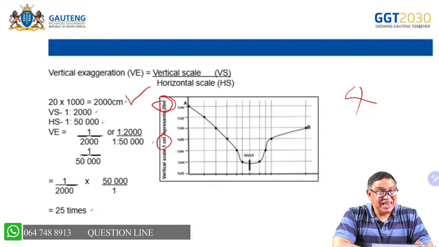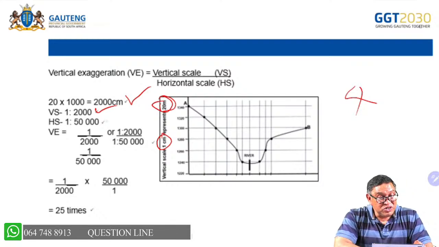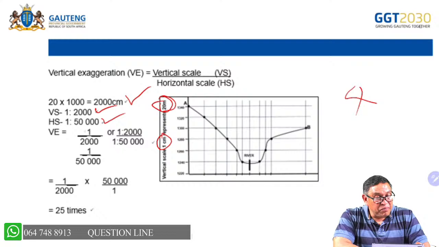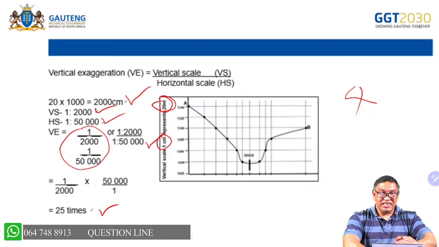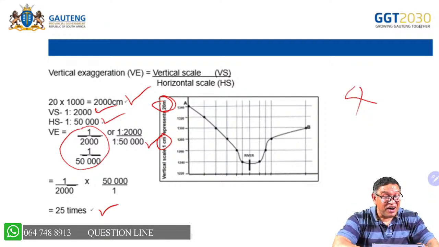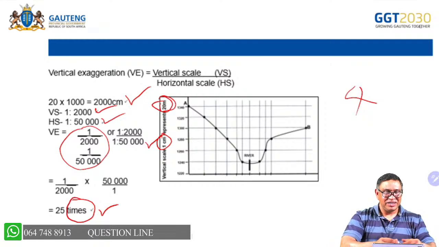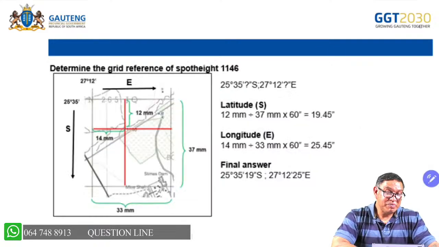Then I say vertical scale is 1:2,000 now. It's a ratio scale. Horizontal scale is 1:50,000. If I put them in the correct order, I get another mark. And then if I show the exaggeration, it's 25 times, I get the next mark. All right, so it's 5 marks now, not 4.